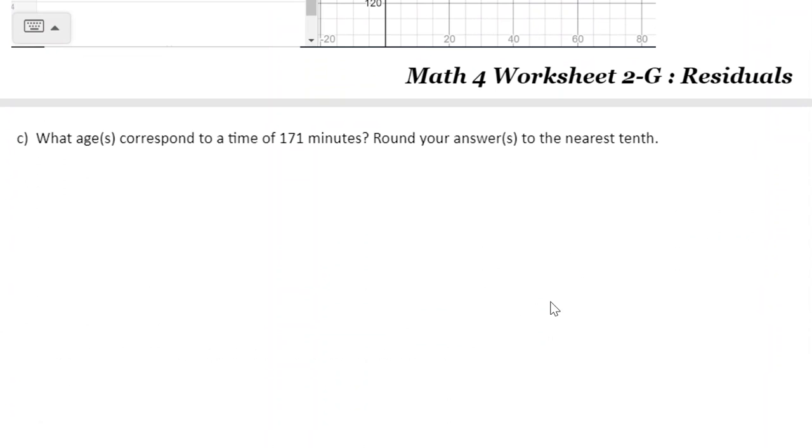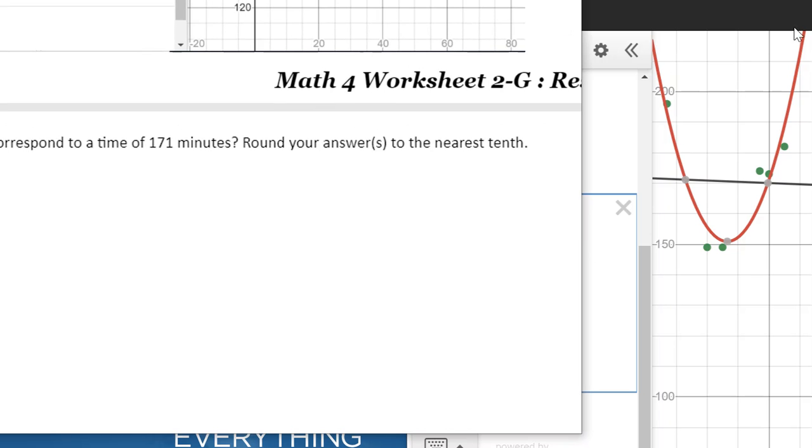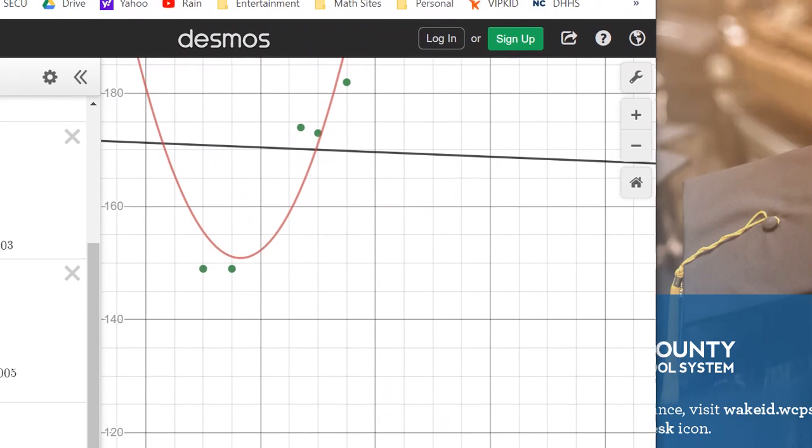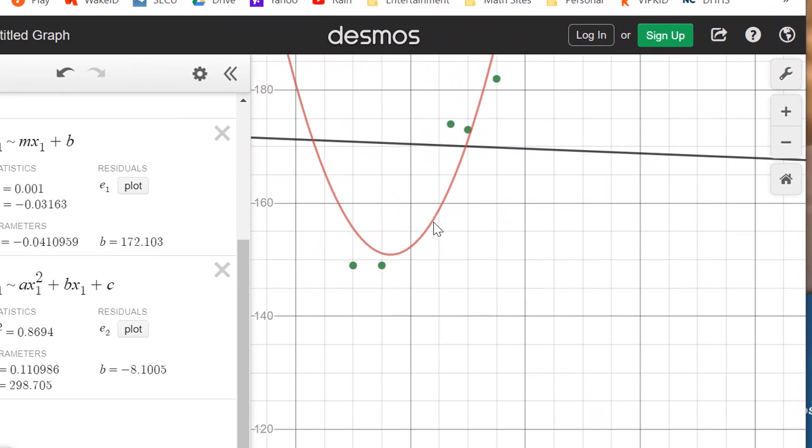Now, what happens if they run time of 171? What do you think their age is going to be? Well, so what happens when y is 171? Y is 171, which is, come on.